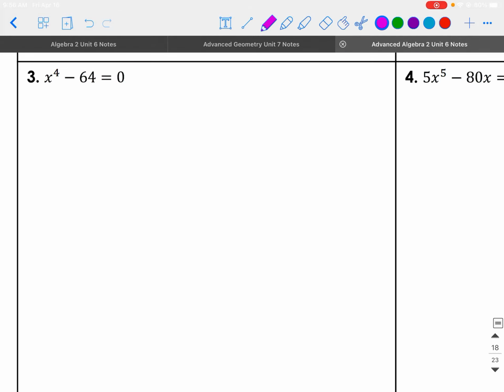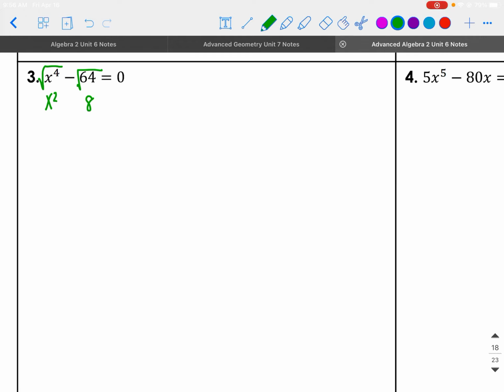All right. Number 3. I don't see a GCF. So let's think about what other things we've got. This is 2 terms, so you're going to have to do either difference of squares or sum or difference of cubes. It is a difference, and we have 2 perfect squares. So difference of squares. So remember, you take the square root of both sides. This is x squared.